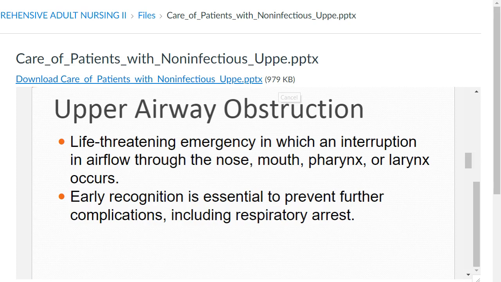So just be aware that any of these upper respiratory structures could result in an upper airway obstruction. Of course, the key to this is early recognition to prevent further complications, which could eventually cause a respiratory arrest.